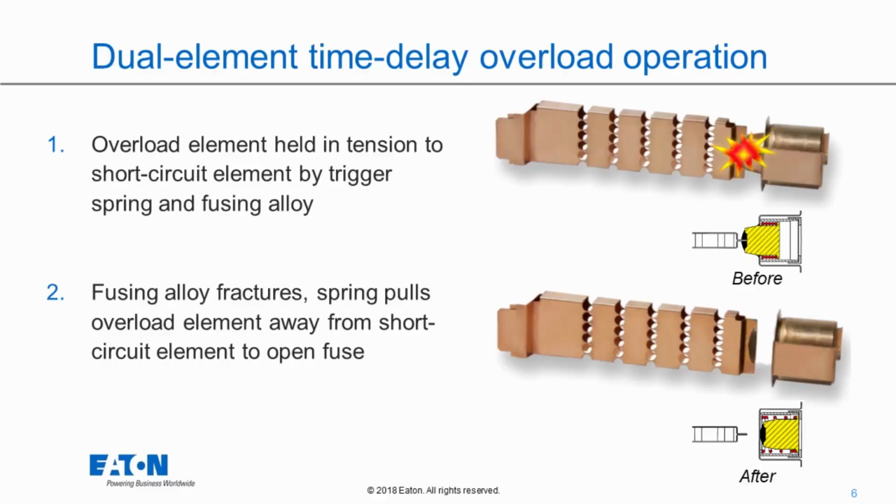Eventually that fusing alloy fractures, pulls the spring from the overload element away from the short circuit element, and opens up the fuse. So in this case, we've got a reasonably mild condition, meaning it's not a short circuit, it's an overload condition. The current's in a normal path. It's just too much current flowing through this fuse, and we're going to open up under an overload condition.